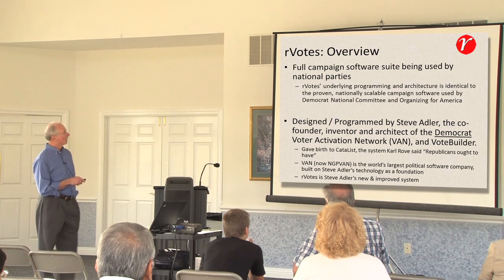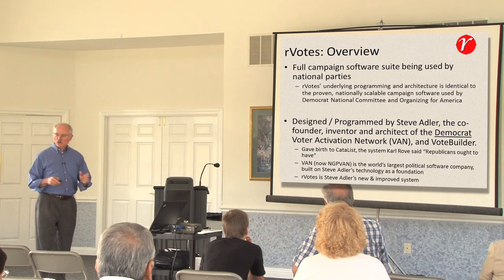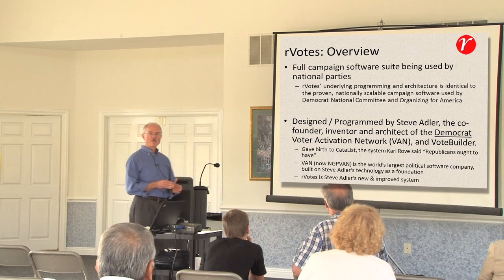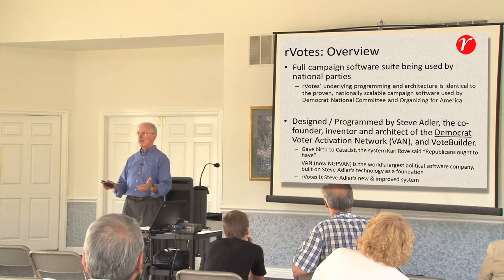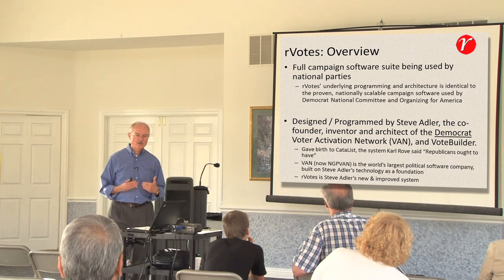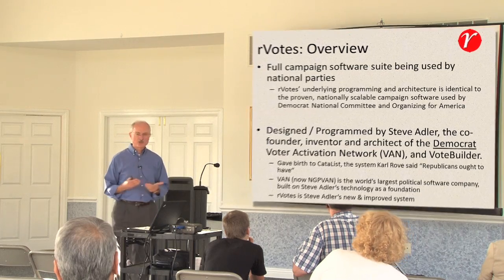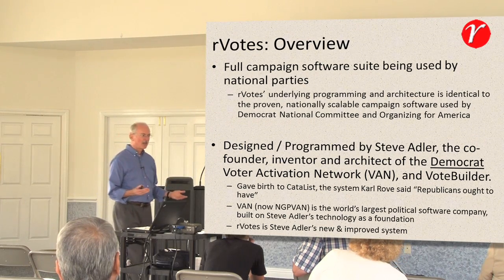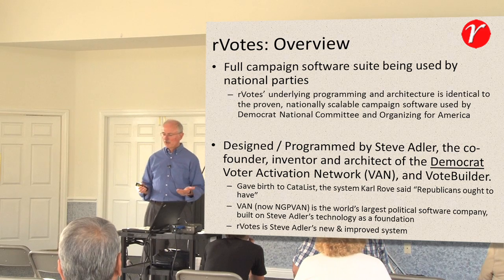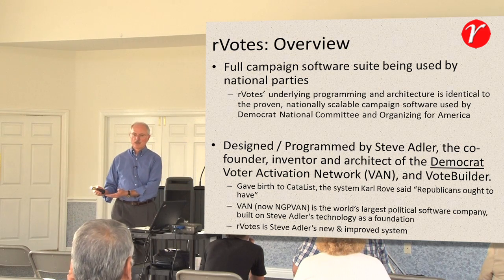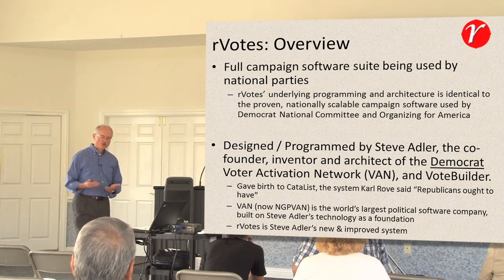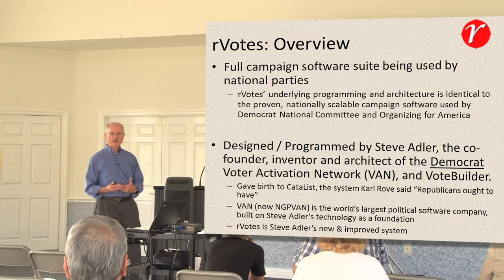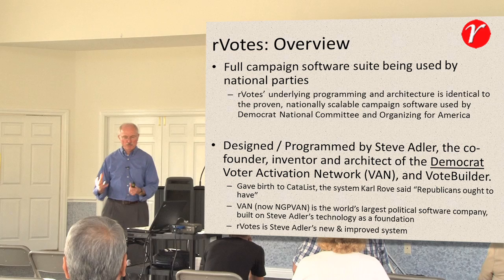The reason we have access to the same capabilities the Democrats and Organizing for America have been using for over a decade against us is because their primary programmer, Steve Adler, who started a company, he's a business guy, tremendous programmer, he created their software. In 2005, he took millions of dollars as a payout, a non-compete of 5 years, and the source code, the programming.